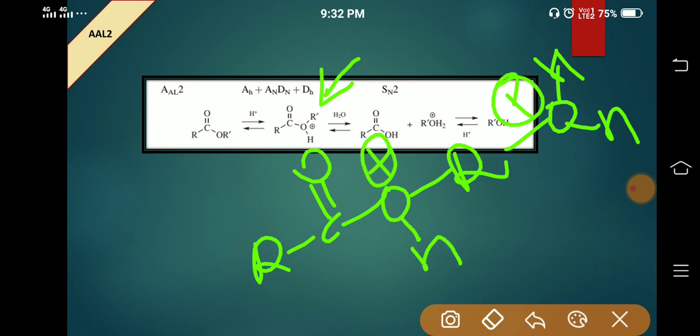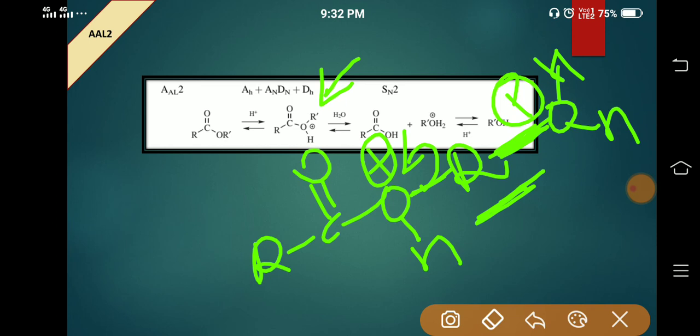So, this can be stabilized without generating a carbocation, because as the bond between oxygen and carbon is broken, here is the stabilization of the valency of the alkyl group by the water molecule.